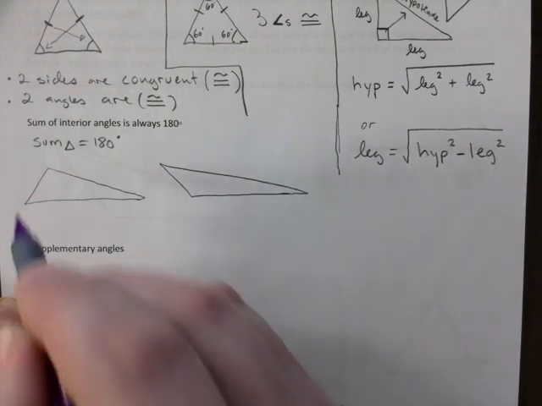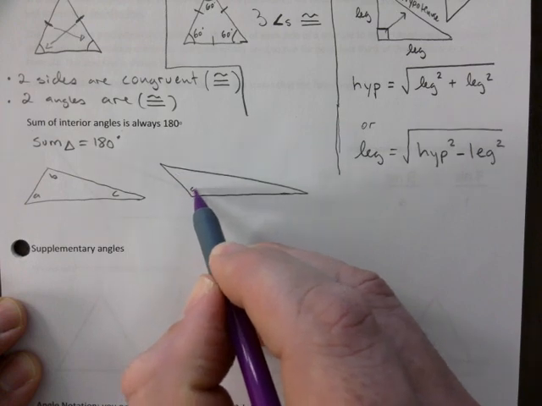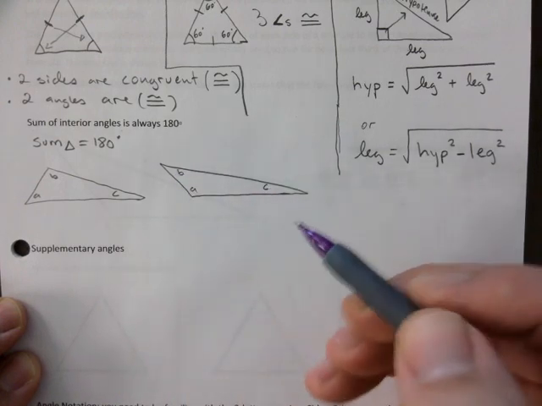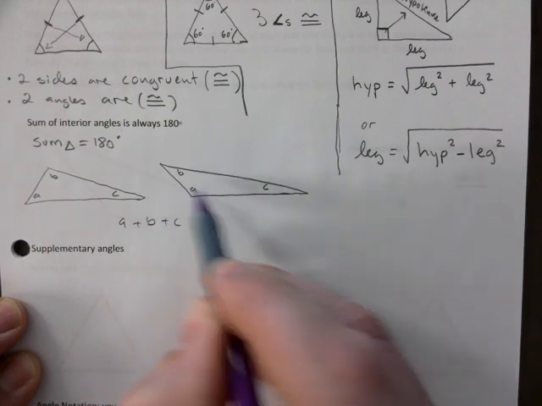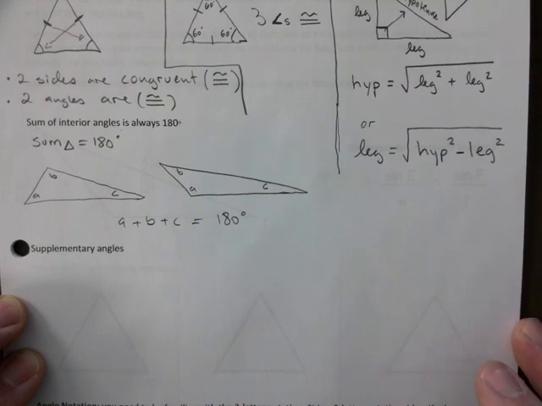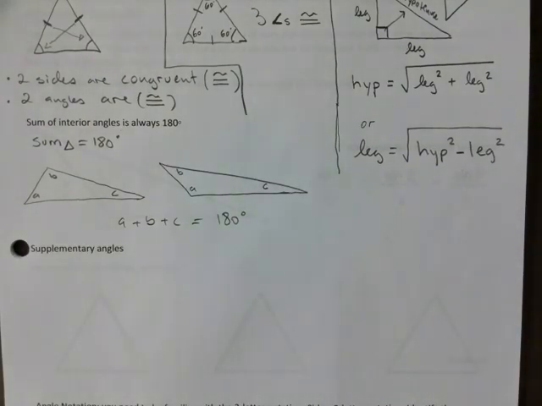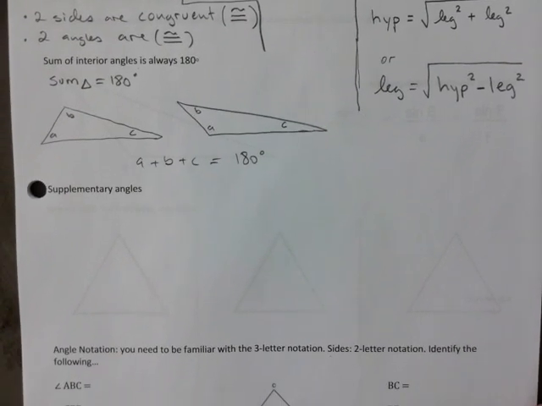It doesn't matter. A, B, C. No matter what, if you were to add those 3 angles, you always have to get 180 degrees or else it's not a triangle. That one I'm pretty sure you remember.